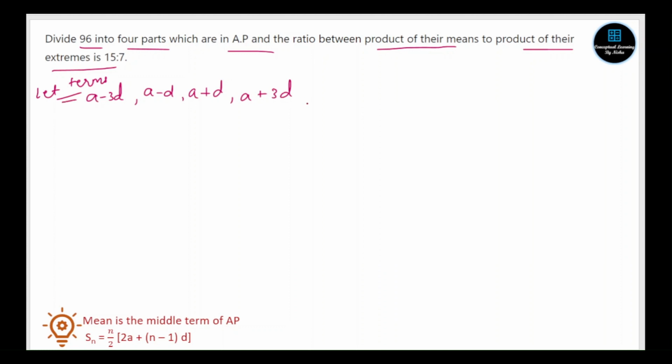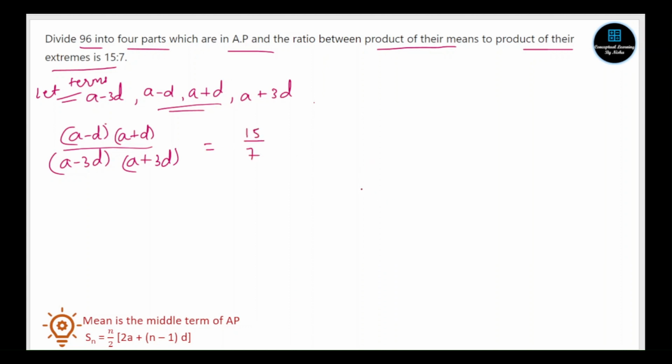Now what they are saying: the product of their means. Means are the middle terms, and extremes are the first and last terms. So I'll take their product: (a minus d) into (a plus d), and here (a minus 3d) into (a plus 3d), and the ratio is 15 to 7.